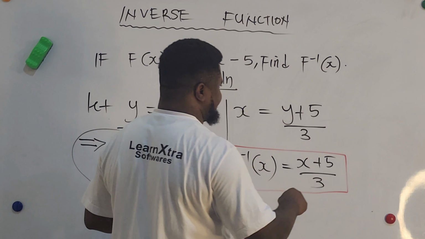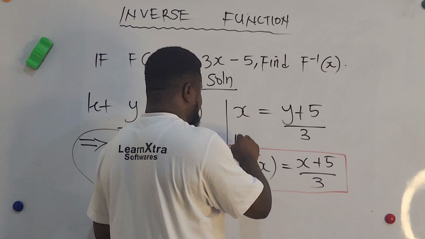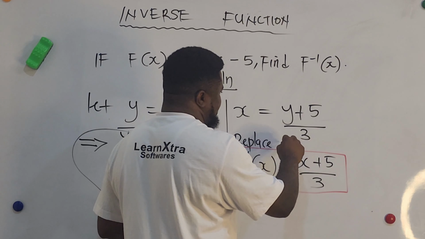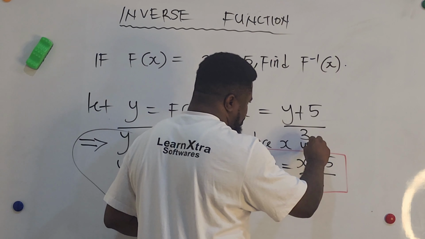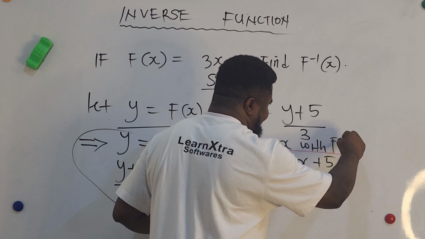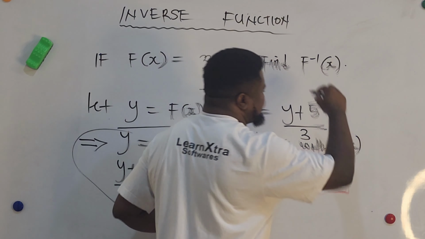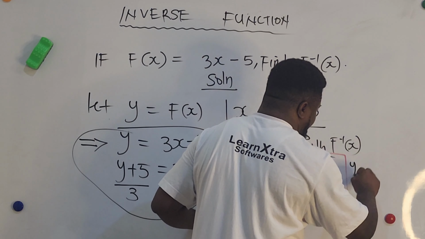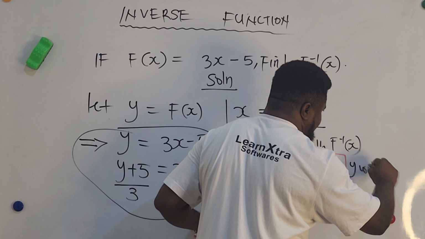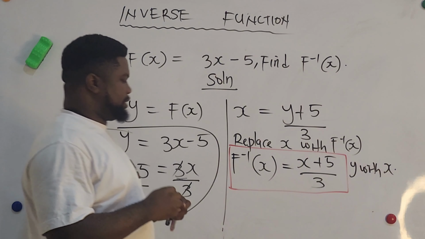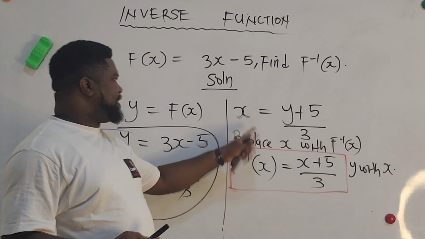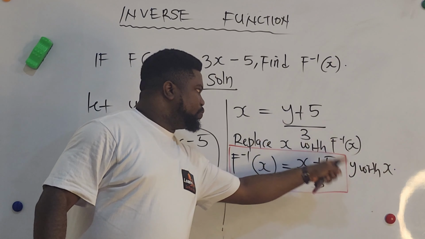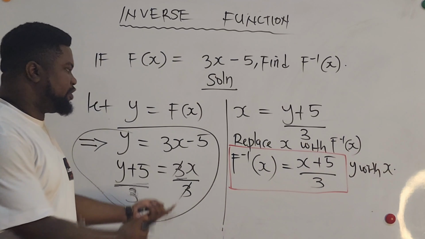Here, you replace x with f inverse of x, and y with x. Replace x with f inverse of x and y with x. That's it, you have solved it.